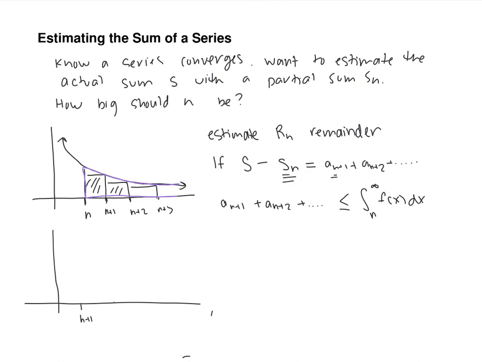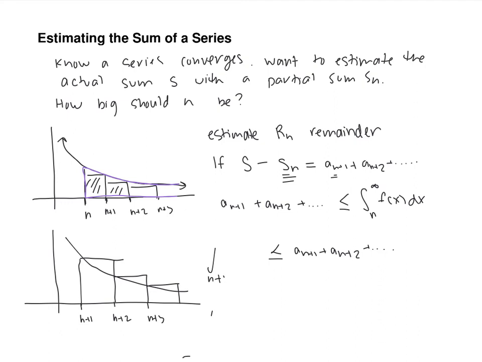So here's n plus 1, n plus 2, n plus 3, same sort of idea. Also your remainder, a_{n+1} plus a_{n+2}, etc., all those things added up, is going to be bigger than or equal to the integral from n plus 1 to infinity of f of x dx.